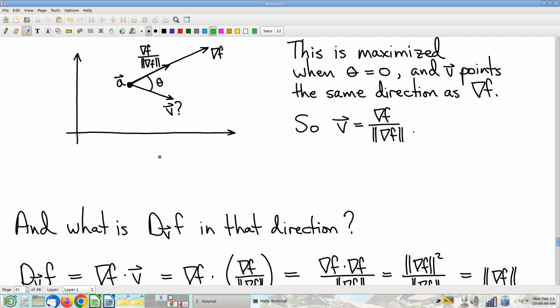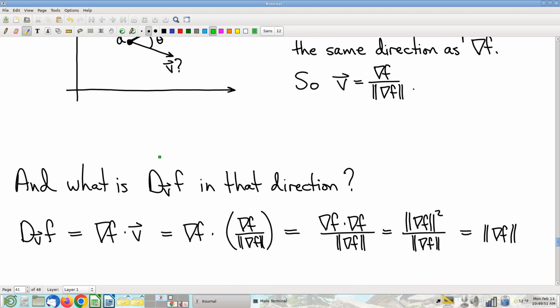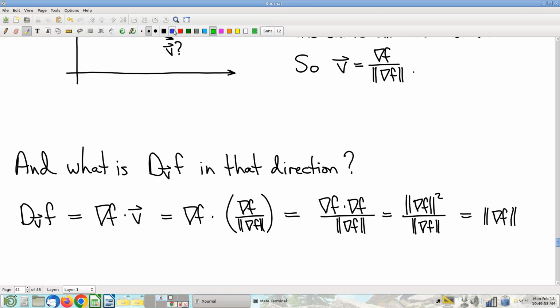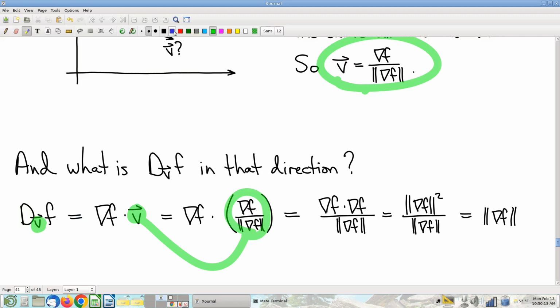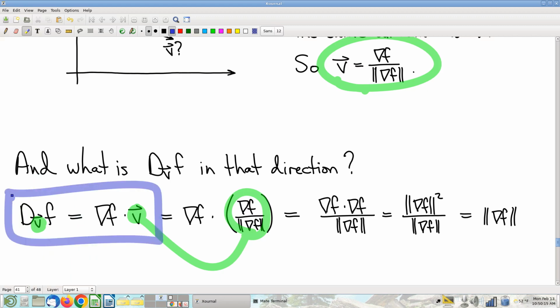Easy computation as well. If you want to know the rate of change of the function in that direction, the direction being this that we've already computed, well, then you just proceed with the computation as this has already started. There's our formula for directional derivatives.